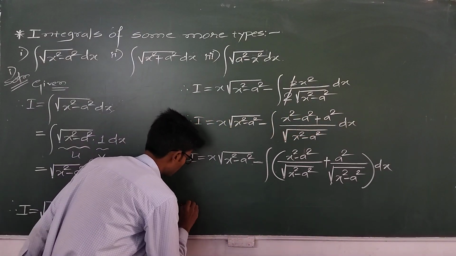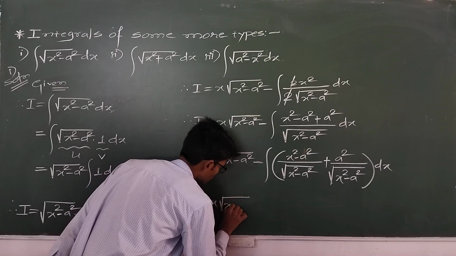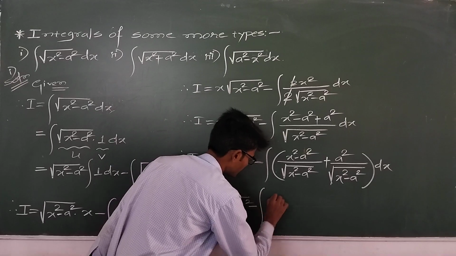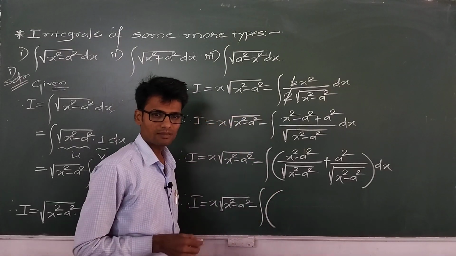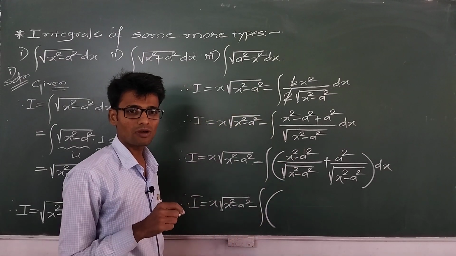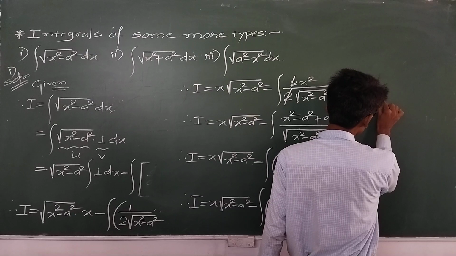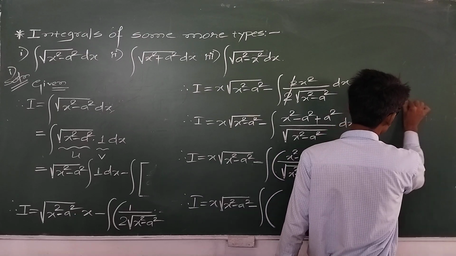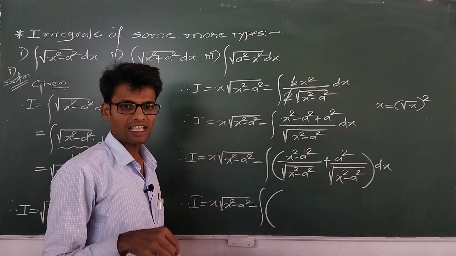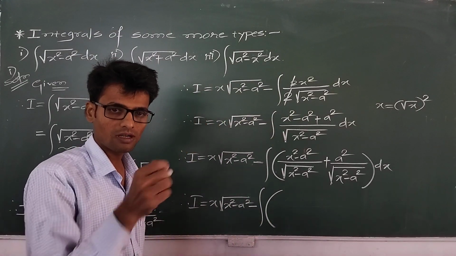Now after this I'll write I is equal to x into square root of x square minus a square as it is, minus integration of, see, a small adjustment here. This x square minus a square can be written as square root of x square minus a square to the power 2, because you can write x square as square root of x whole square. We are writing x as square root of x into square root of x, which means square root of x whole square.